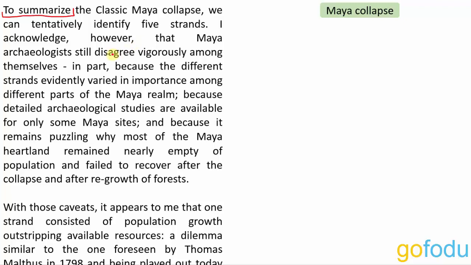Reading further, I acknowledge, however, that Maya archaeologists still disagree vigorously among themselves, in part because the different strands evidently varied in importance among different parts of the Maya realm, because detailed archaeological studies are available for only some Maya sites, and because it remains puzzling why most of the Maya heartland remained nearly empty of population and failed to recover after the collapse and after regrowth of forest.